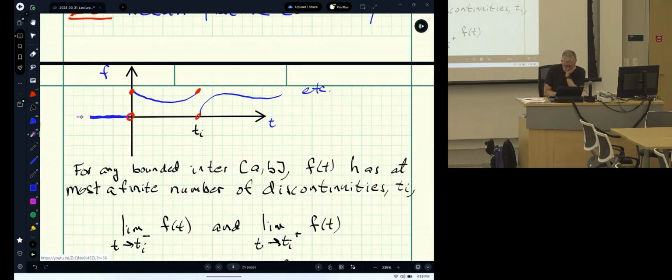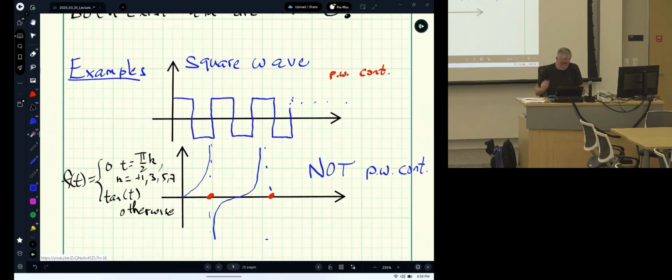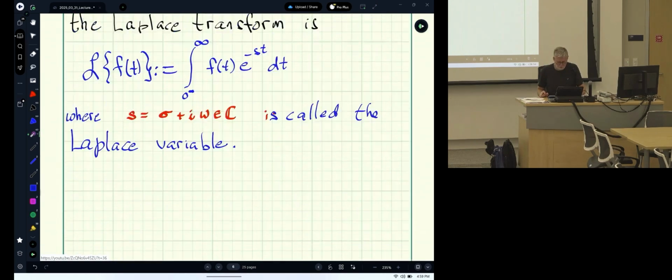Right-sided functions are 0 for all t less than 0. So the limit from 0 minus, that should be 0. We shouldn't have to worry about 0 minus or 0, okay? So that's the confusing part in the beginning.